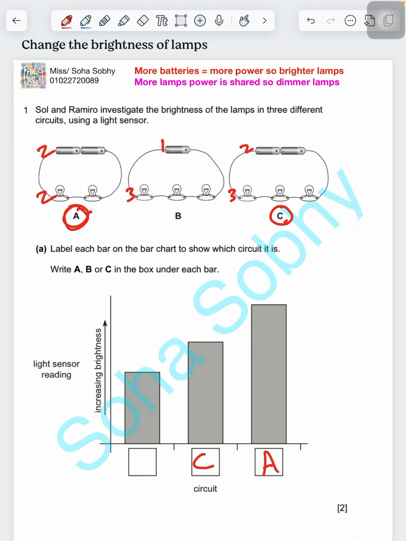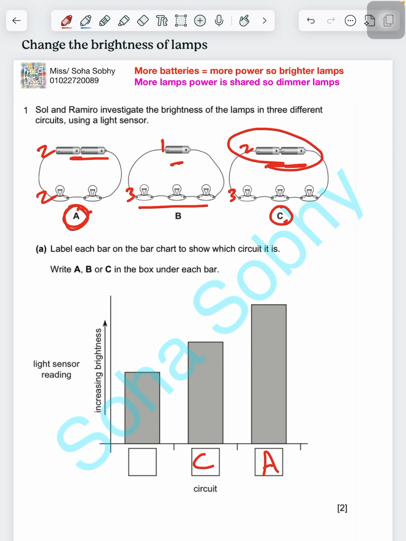Then C, because they have the same number of batteries, which is more than circuit B. And circuit B, which has 1 cell or battery and 3 lamps, those 3 lamps will share energy from only 1 battery, so the lamps will be dimmer.